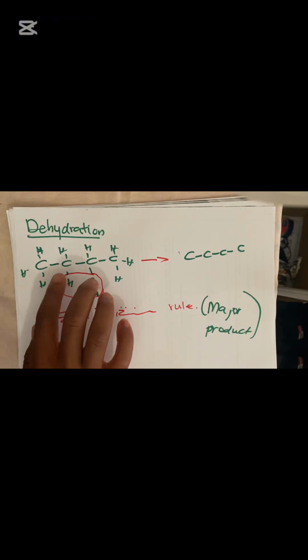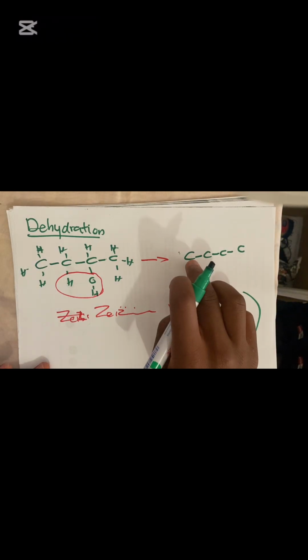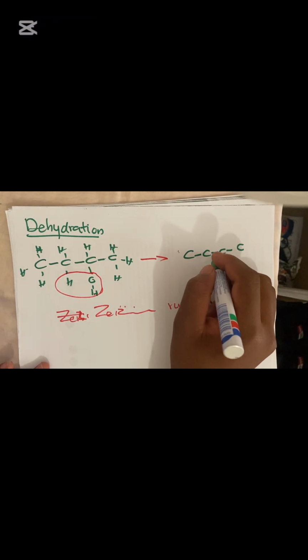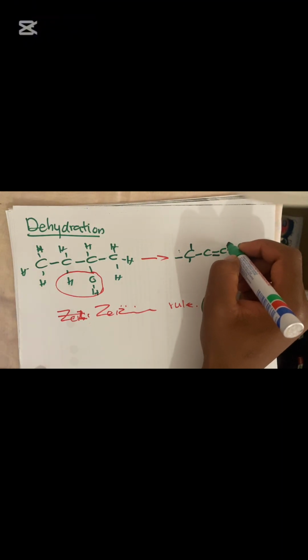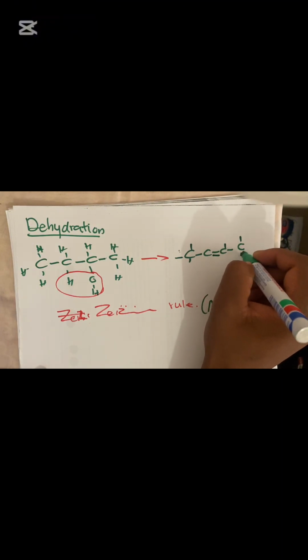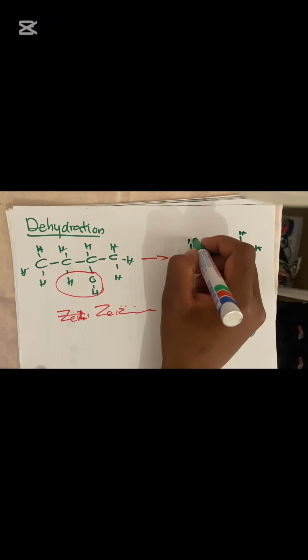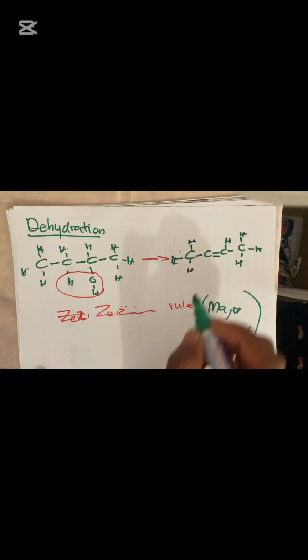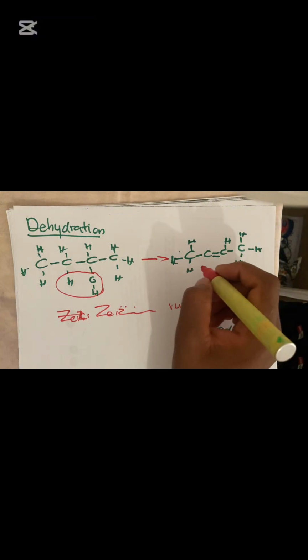Since we remove between carbon number 2 and 3, we are going to have a double bond, and have something like this, with the hydrogens. And don't forget that the reaction must be balanced.